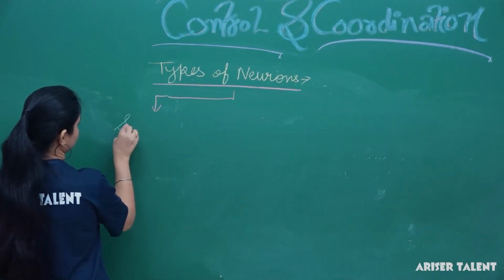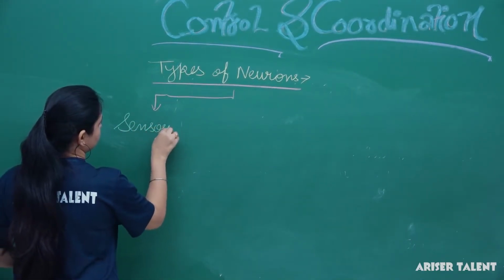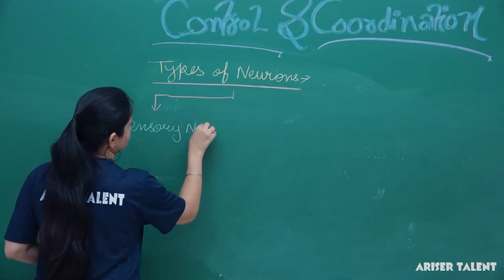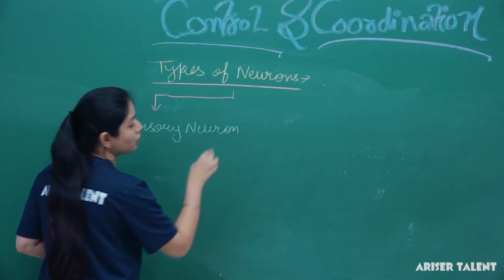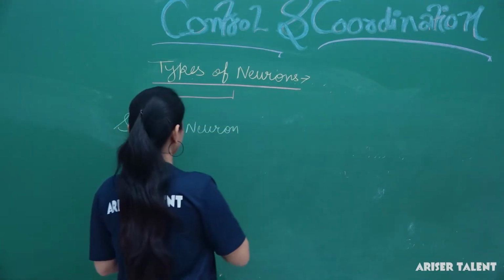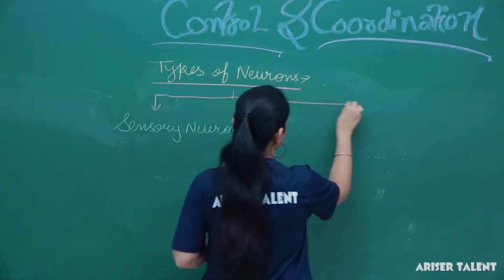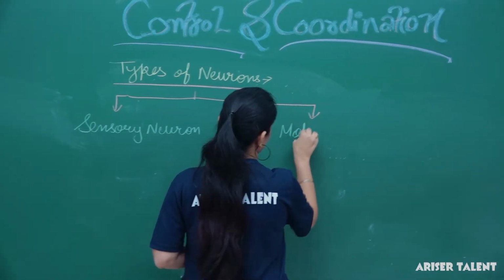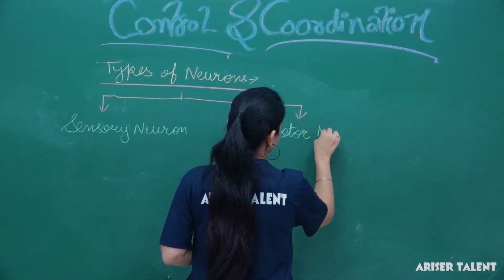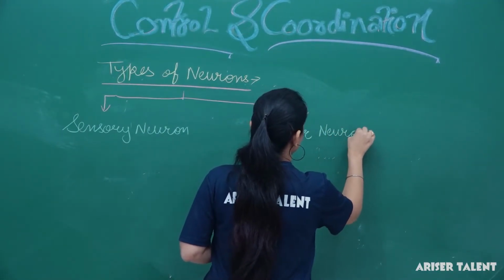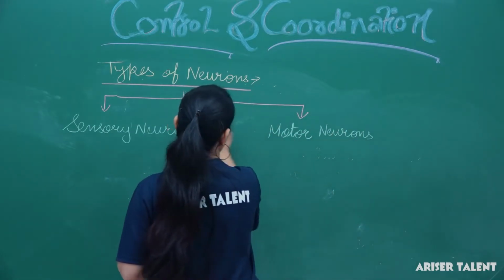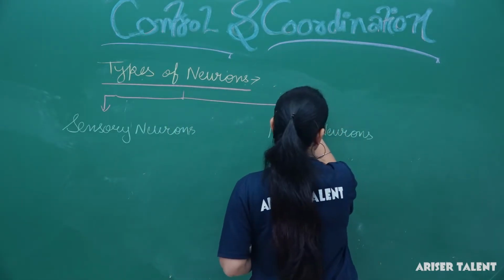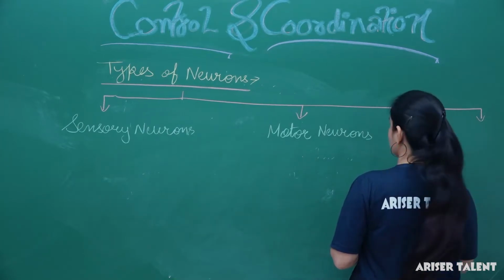Sensory neuron, also known as receptor, then motor neurons, and the third one is relaying neurons.